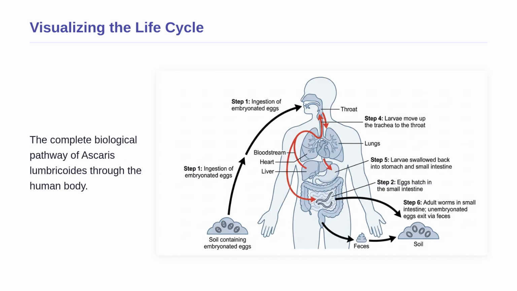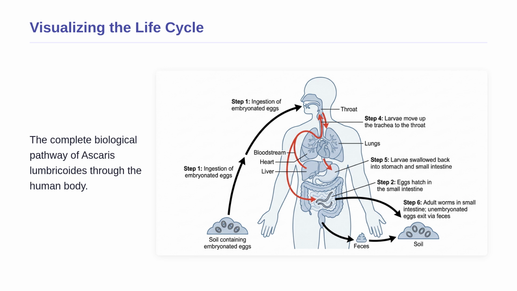Let us consolidate everything we just discussed by looking at this diagram of the life cycle. Starting at the bottom left, you can see the embryonated eggs in the soil being ingested through the mouth. Follow the arrows down to the small intestine where the eggs hatch.